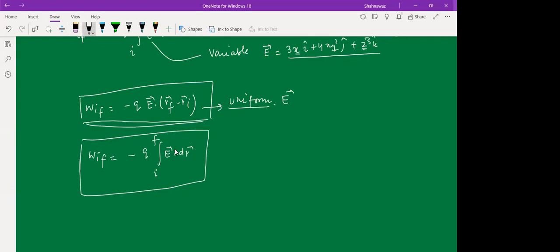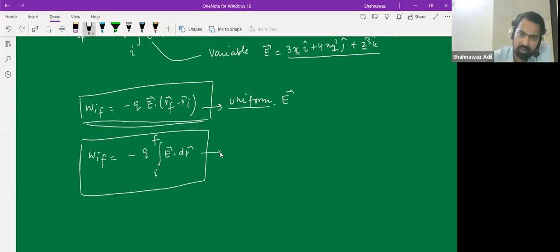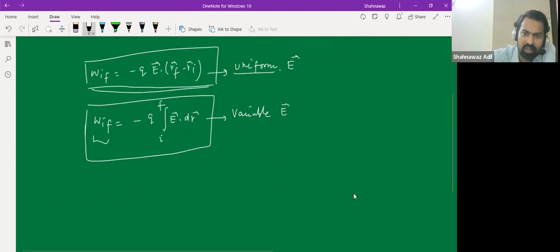Okay. So then we have this variable kind of electric field. For variable electric field, this is my work. And what is the need of this work? So this decides what is the potential.